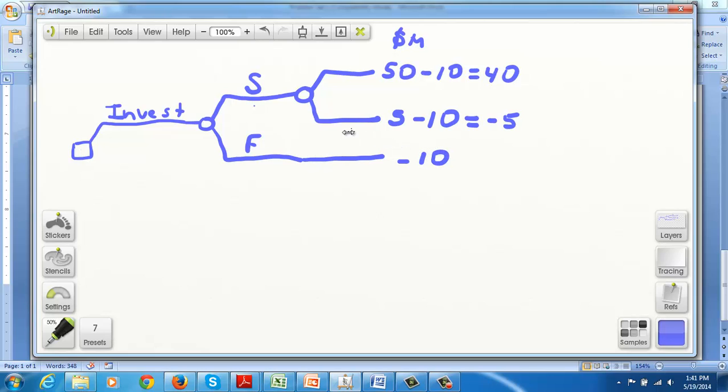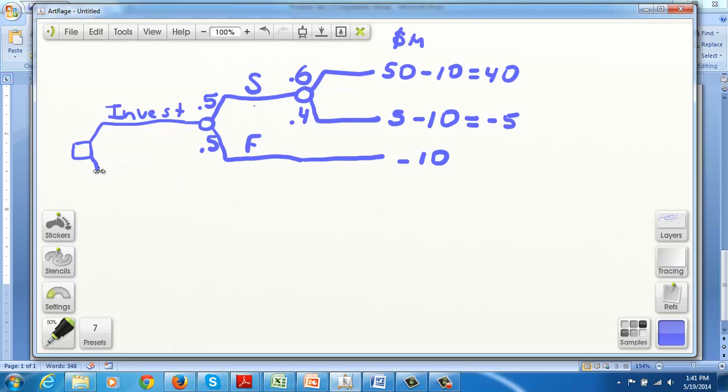Still have to spend that, but there's a chance of failing. And the chance of failing was 0.5, so probabilities. And once again, since these probabilities have to sum to 1, it's 0.5. The probability of the high valued outcome is 0.6. And we know this has to be 0.4 because it has to be collectively exhaustive, which is a fancy term saying the probabilities have to sum up to 1 for a tree.